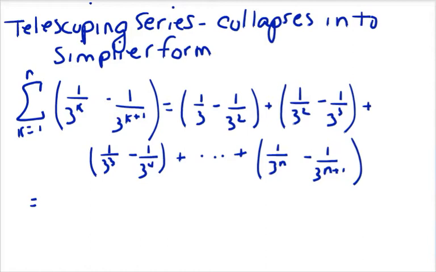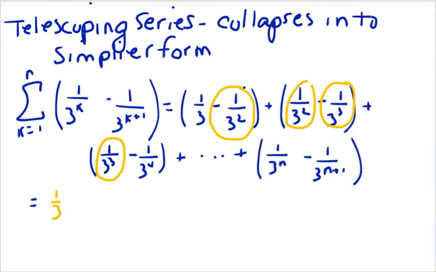Okay, so let's do some combining of like terms. You see a negative 1 over 3 squared and a positive, and we see a negative 1 over 3 cubed and a positive. So let's collect the terms.